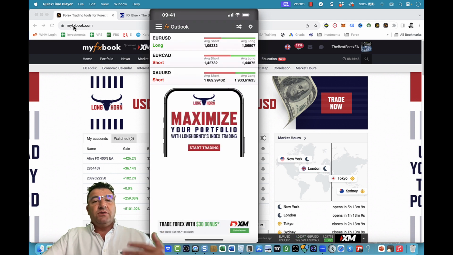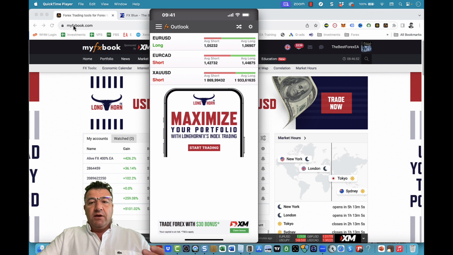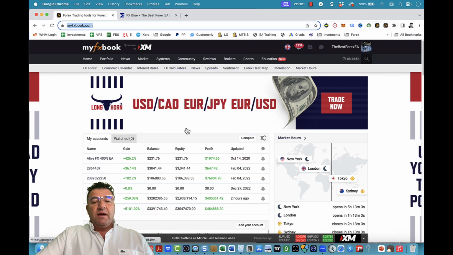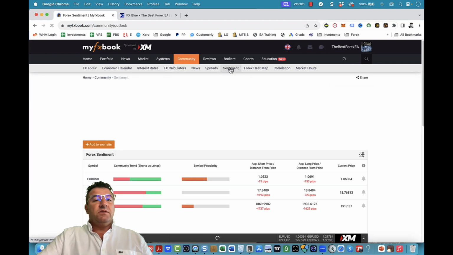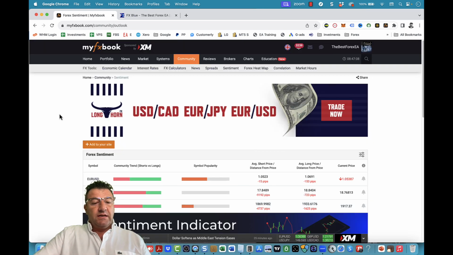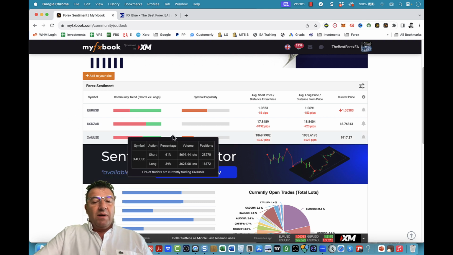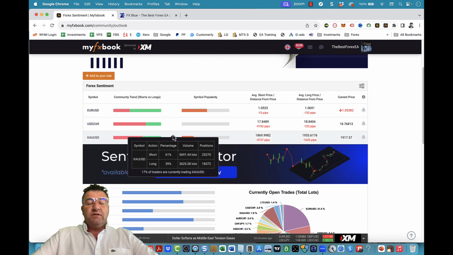I've set mine up to give me the outlook of the pairs that I'm interested in, the same as this outlook over here. It's called sentiment on the website. When you click on sentiment, you get to what is called the sentiment. Now, if we scroll down to gold and you mouse over it, you'll see what the sentiment is.